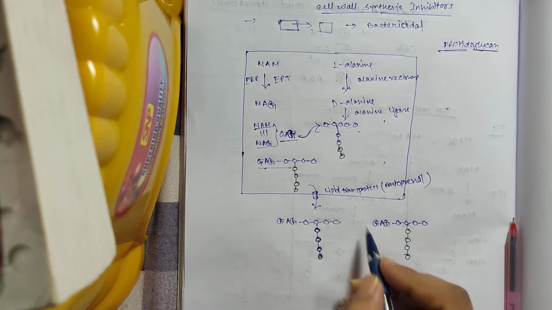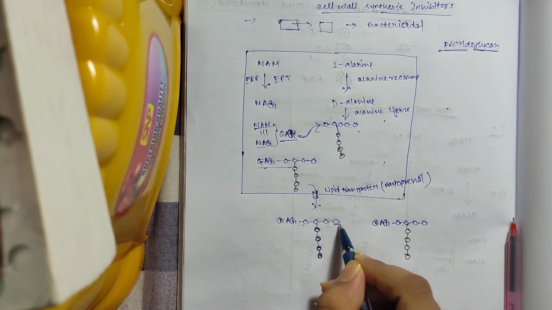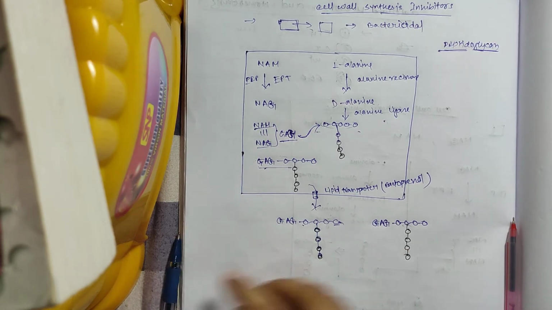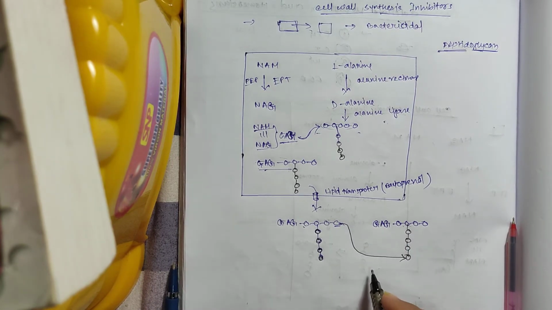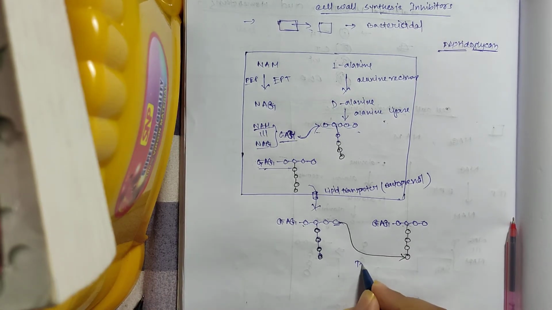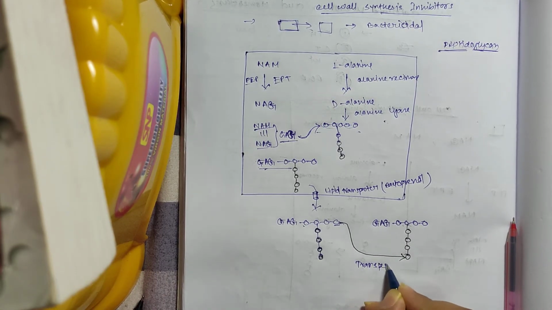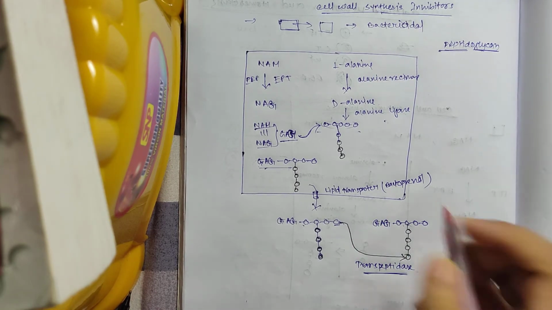The bond is formed between one D-alanine and one glycine. This is known as transpeptidation, right? And this transpeptidation is helped by the enzyme transpeptidase. So this is the mechanism of how the cell wall is synthesized.